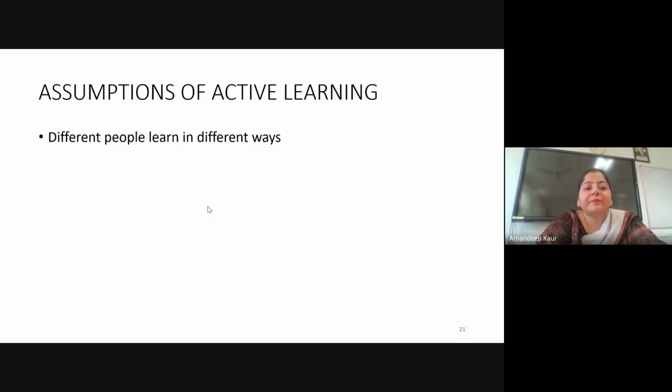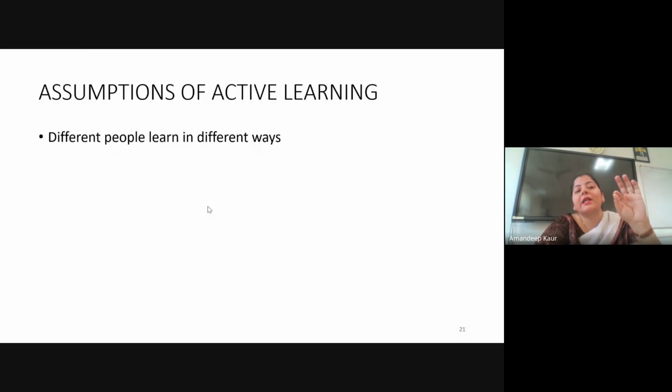So this can be an approach by which we can change our traditional lecture into an active lecture. The second major thing that we need to understand is that different people learn in different ways. As per Gardner's theory of multiple intelligences, there are 9 different types of intelligence in our population. I'm not going into that detail because that itself is a session we need to organize.